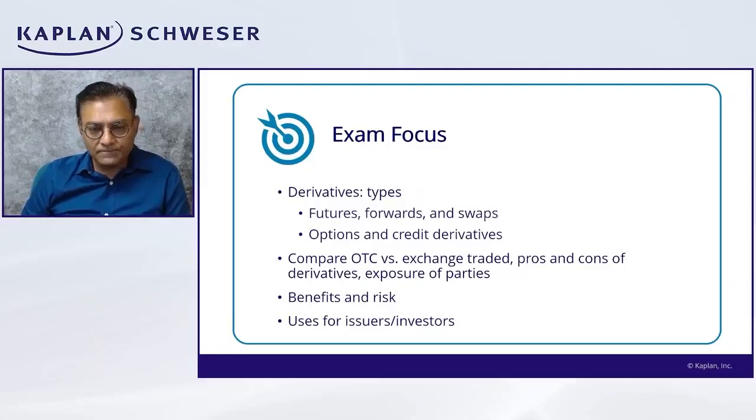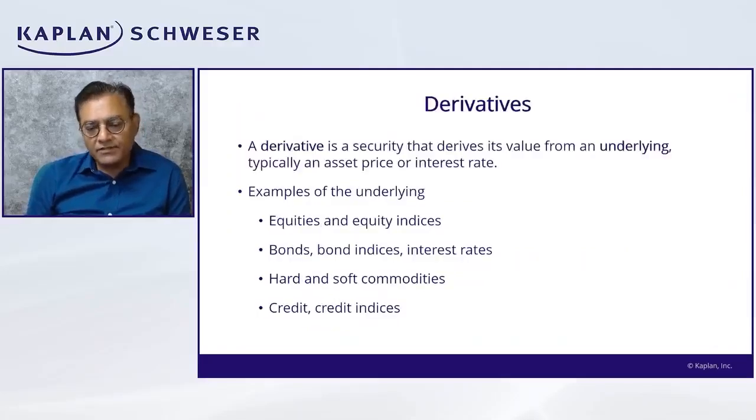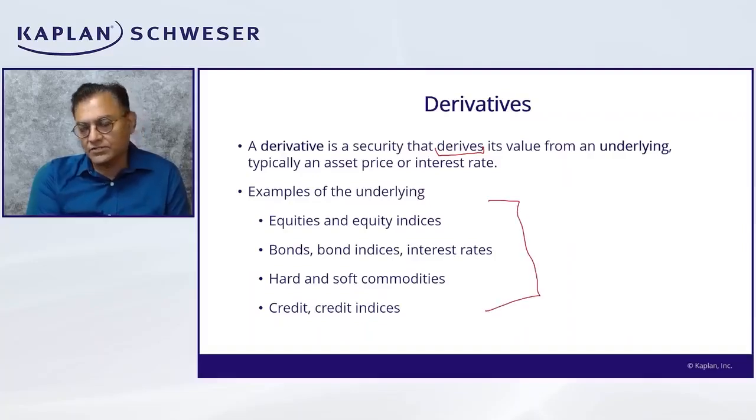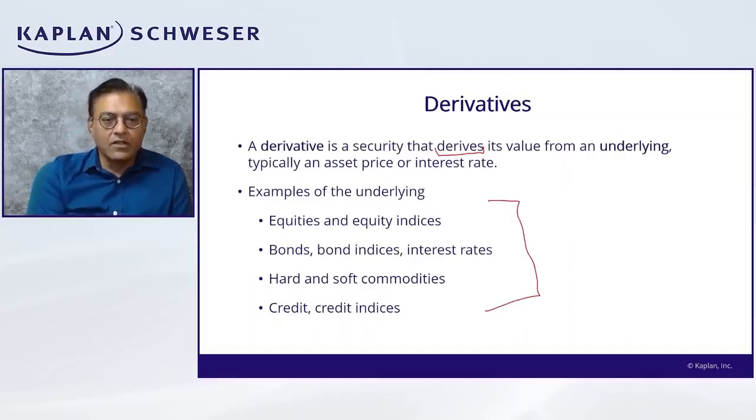All right. So a derivative is simply a security that derives its value. The label derivative is based on the fact that it derives its value from an underlying. Underlying can be a variety of things. You can have different securities such as equities or bonds or equity indices, as well as interest rates.